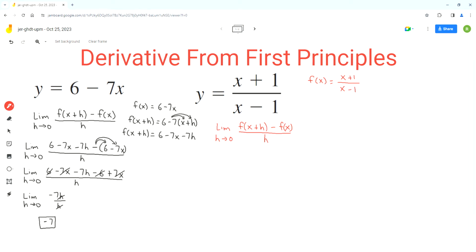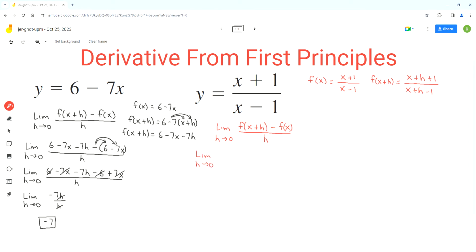And now f at x plus h will be, so we'll just substitute x with x plus h. So x plus h plus 1 in the numerator and then x plus h minus 1 in the denominator. And now we can substitute these expressions.